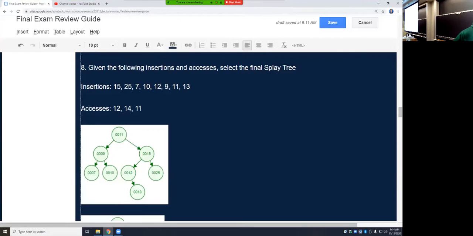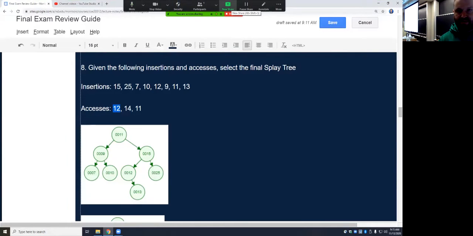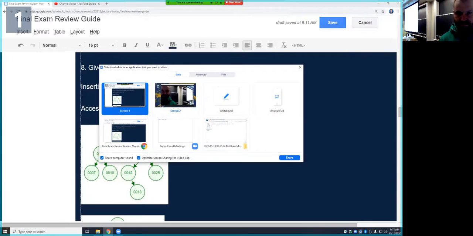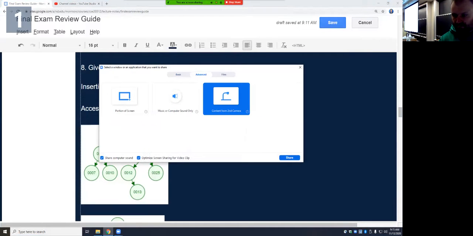Problem 8 states, given the following insertions and accesses, select the final splay tree. Those are 15, 25, 7, 10, 12, 9, 11, and 13, and accesses of 12, 14, and 11. So now let's write out all the ones that we need here.